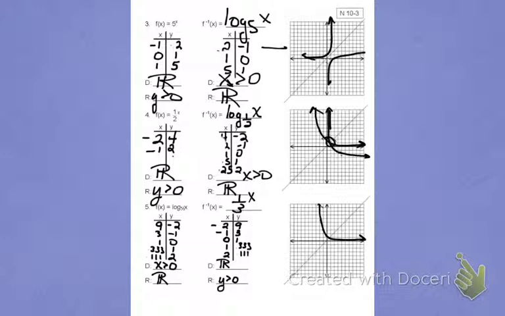So at 9, we're at -2. At 3, we're at -1. 1, 0, right there. 0.333, 1 and 0.111 is at 2. So we're not quite to the y-axis.